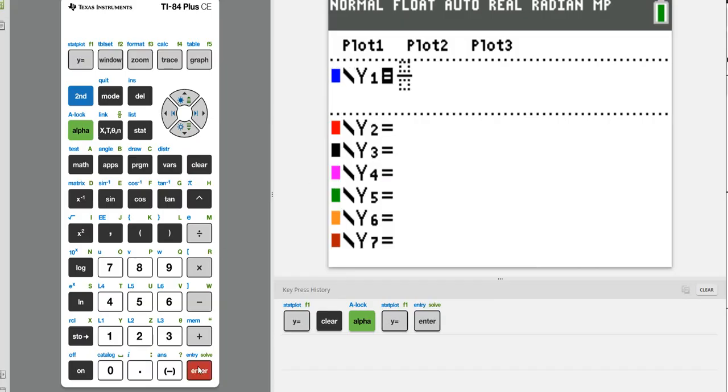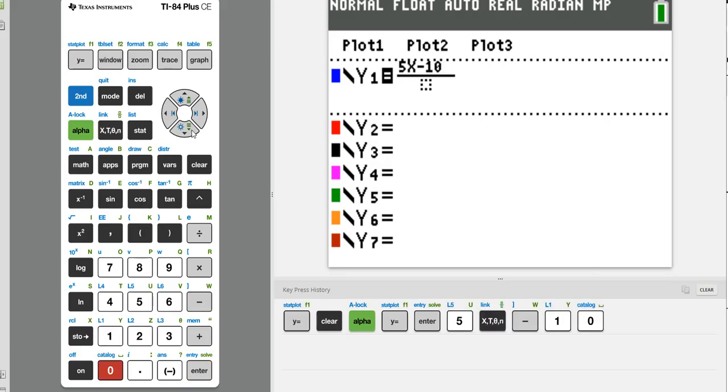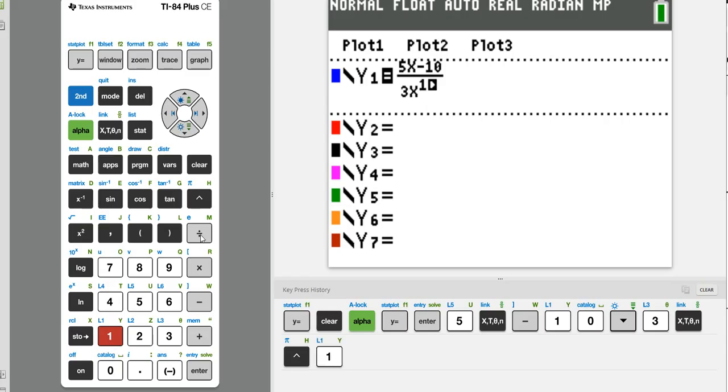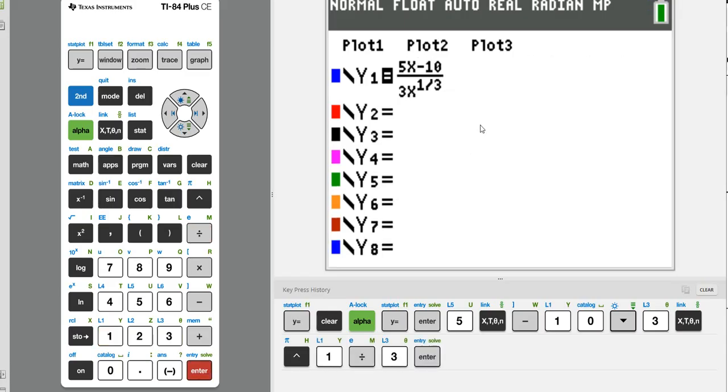So I'll just put in 5x minus 10 divided by 3, then x raised to the 1/3 power. If you have an older TI-83, for instance, you're going to have to put that 1/3 in parentheses.